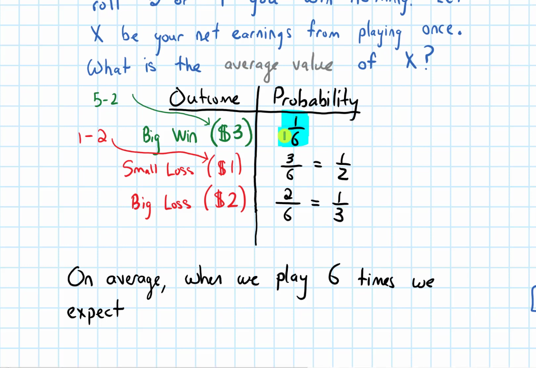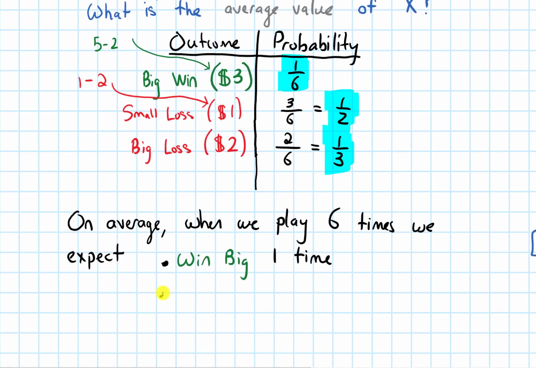So 1/6 of the time we have a big win, half of the time we have a small loss, and a third of the time we have a big loss. So when we play 6 times, we'd expect to win big 1 time. That doesn't mean it has to happen 1 time. It might happen more than 1 time or 0 times. But on average, if we play 6 times, because the probability of this happening is 1 over 6, we'd expect to win big 1 time.